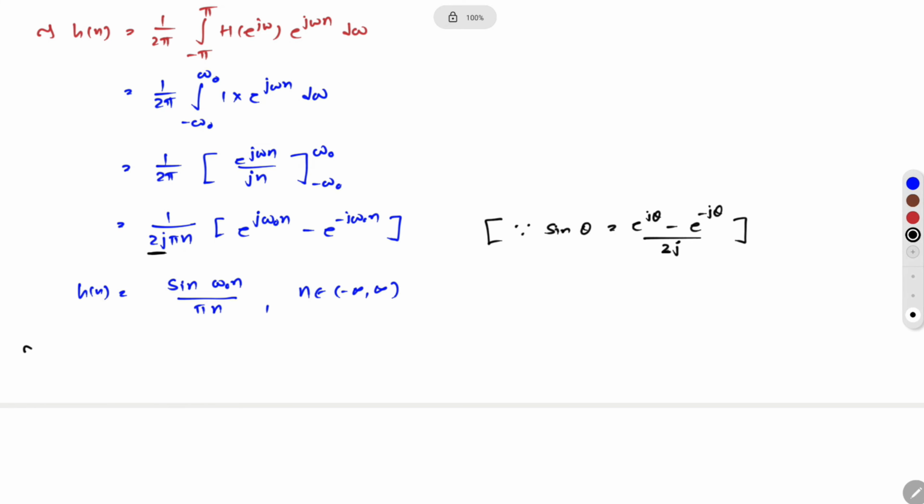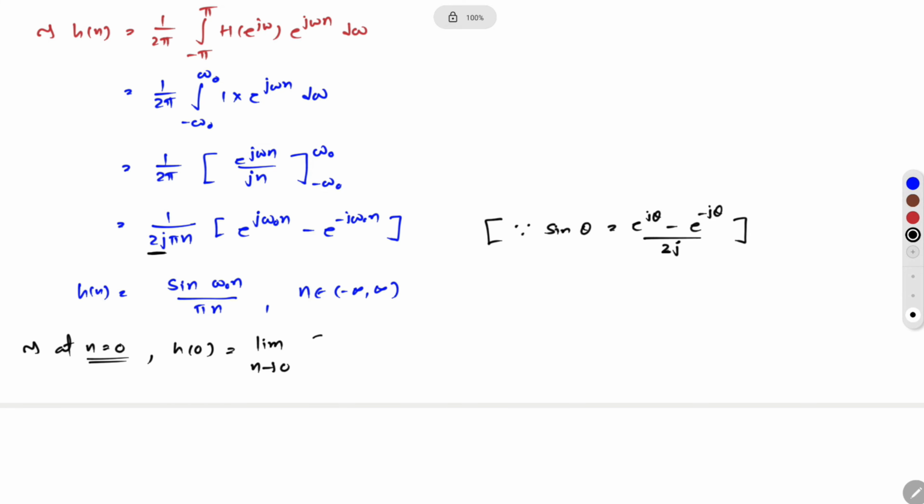The reason is sine of 0 divided by 0, so 0 by 0 form is there. So to calculate this value at n equals 0, we need to take a limit. So for h of 0, you'll have to take the limit where n is going towards 0.